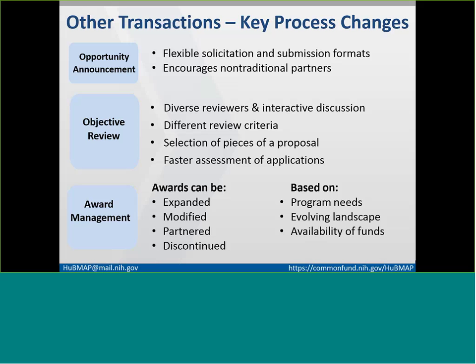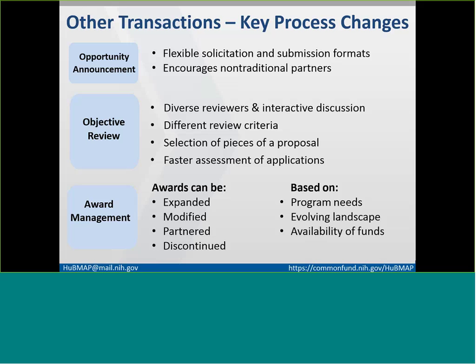So in terms of award management, it's a much more dynamic process in terms of how awards are managed. They can be expanded, modified. NIH can request partnerships, or partnerships can be proposed by awardees. And obviously, awards can be discontinued based on programmatic needs or NIH interests or by mutual agreement.